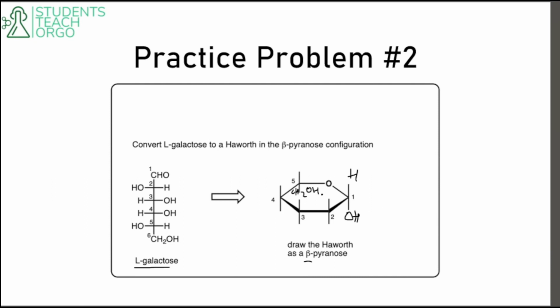Okay, and then the rest is just looking if we draw up or down. So this is up, down, down. I'm not going to draw the hydrogens on all of them here. That one is a little hard to get, but hopefully this makes sense. All right, let's keep going.